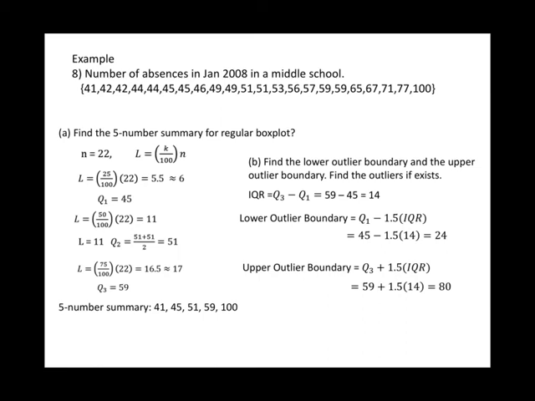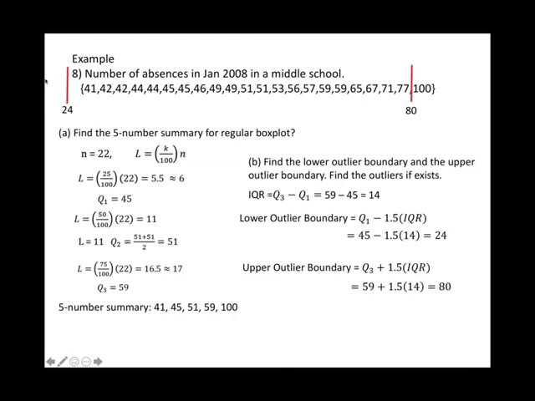After you find the boundaries, you look at the data here. 24 is somewhere like here, and 80 is in between here. This is the 80. Again, this is the outlier boundary, meaning any data less than the lower outlier boundary will be an outlier.